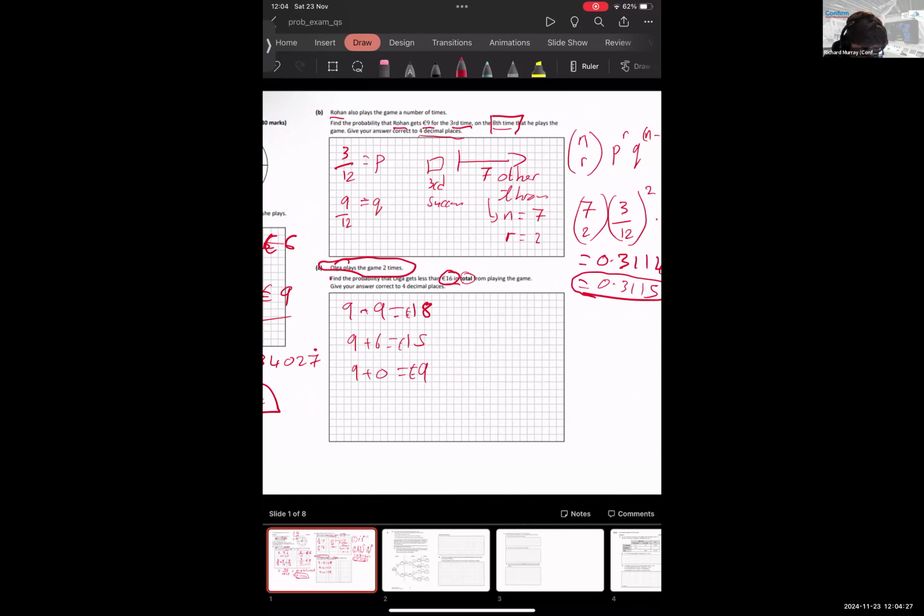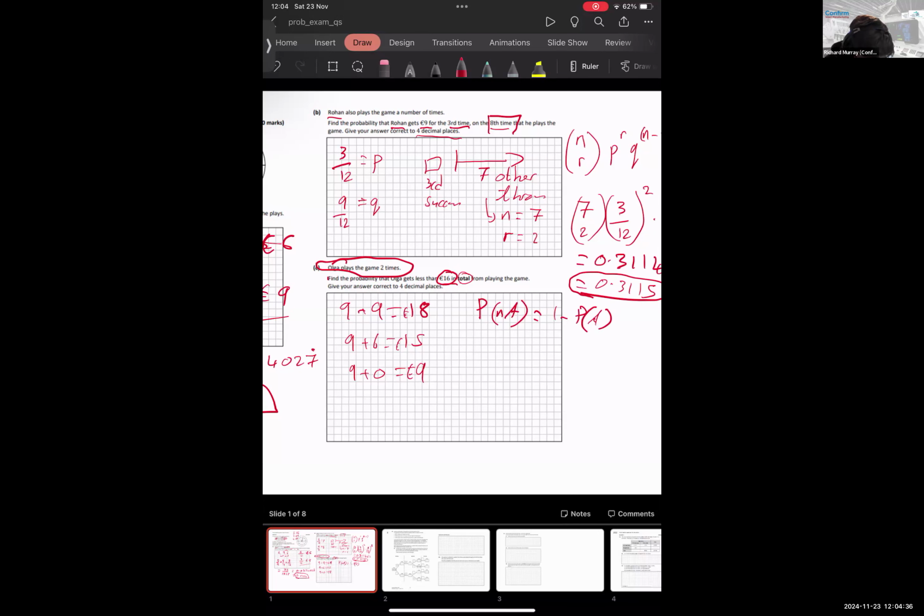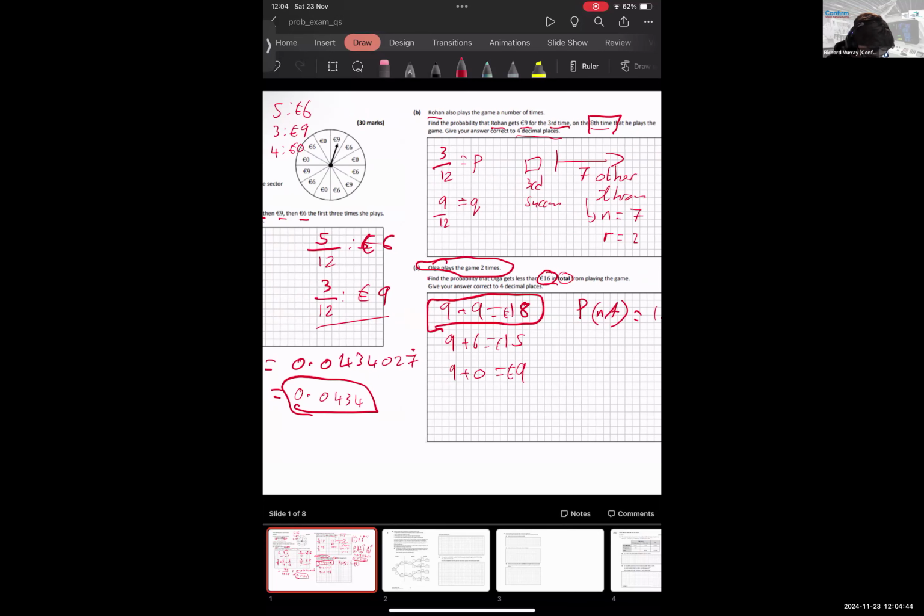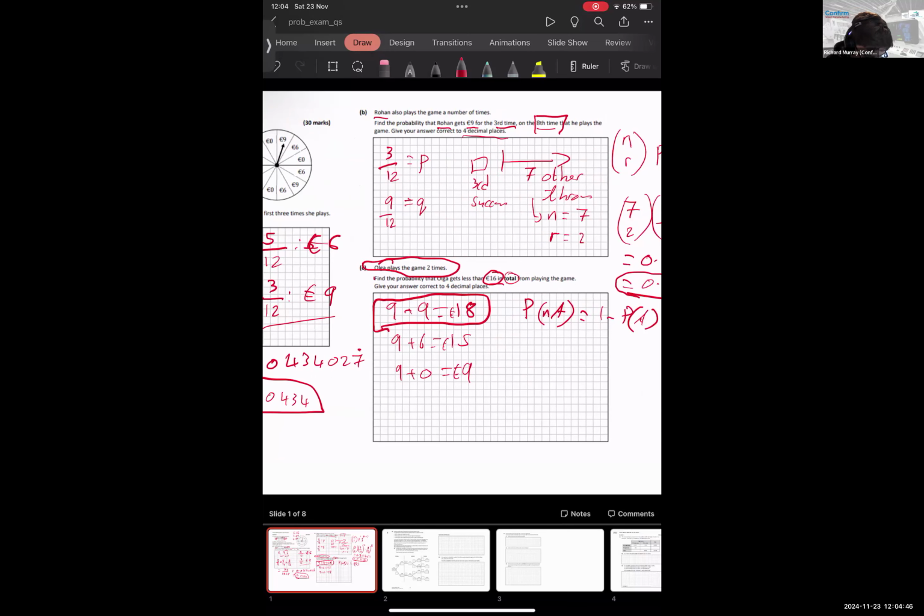So this is a case where we're going to use our probability of not A is equal to 1 minus the probability of A. Here we can see the only case where she's able to win more than €16 from playing. And we already know the probability of that is 3 over 12 times 3 over 12, which is equal to 9 over 144.